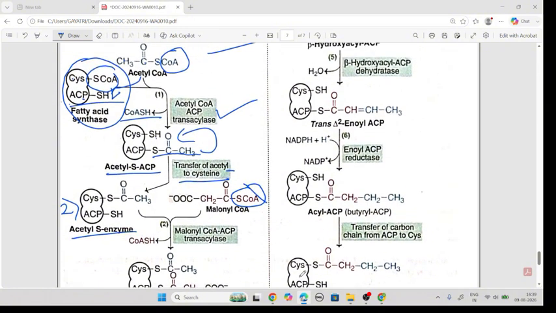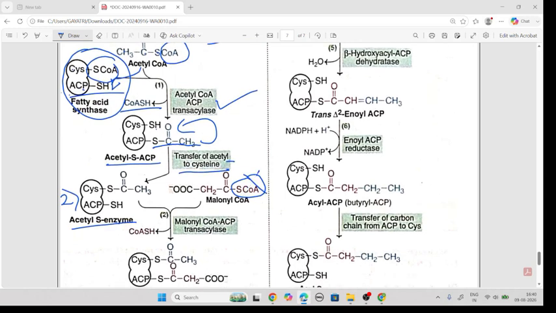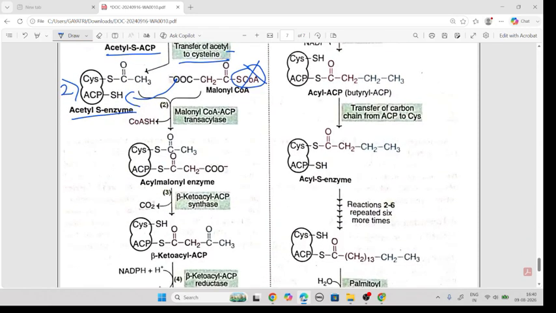The malonate of malonyl CoA will come and attach to the ACP part of your FAS complex in the presence of the enzyme malonyl CoA ACP transacylase.